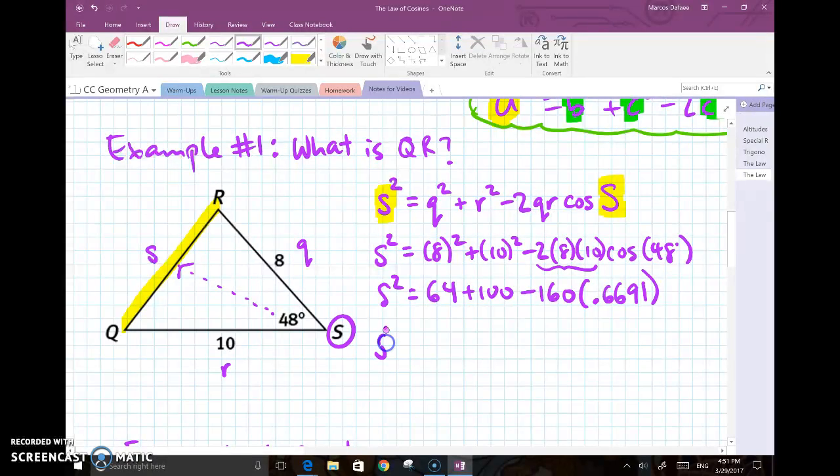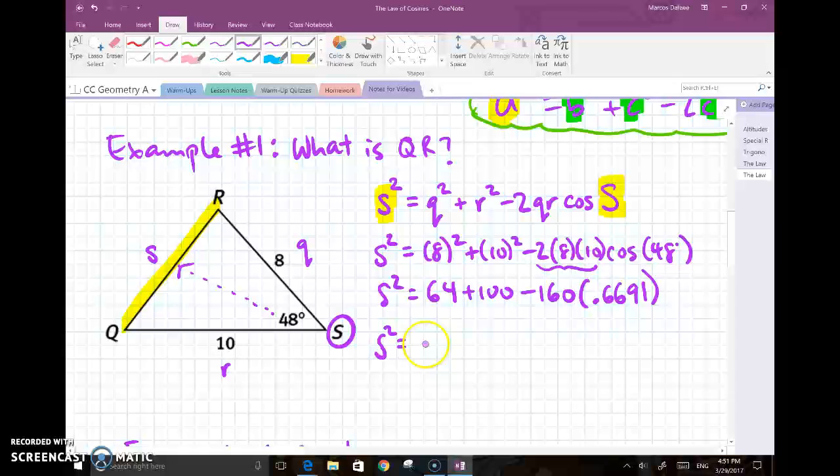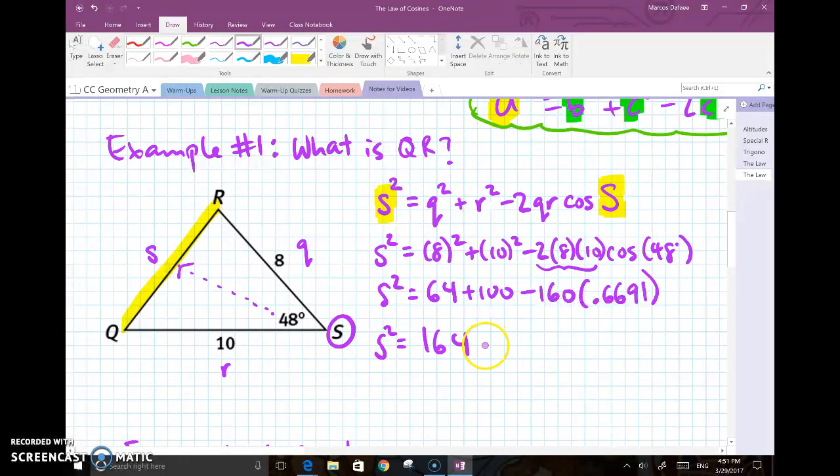So I have S squared is equal to 164 minus, and if I multiply that times 160, I get 107.0609. Okay, that's rounded. And then I go ahead and do my math again.